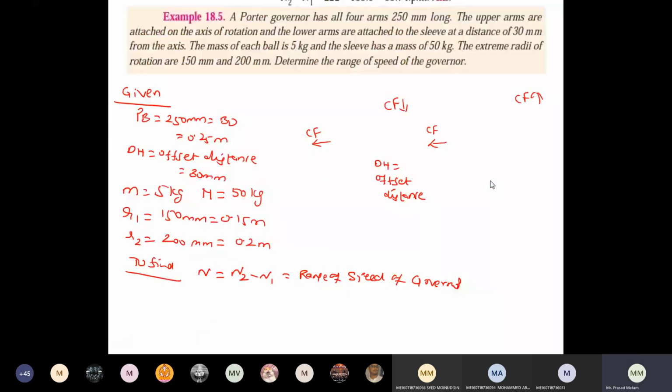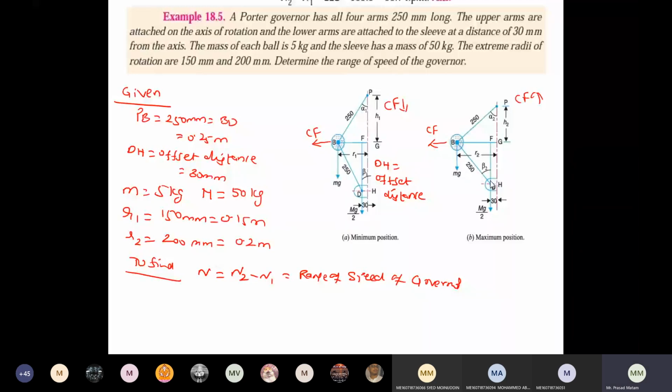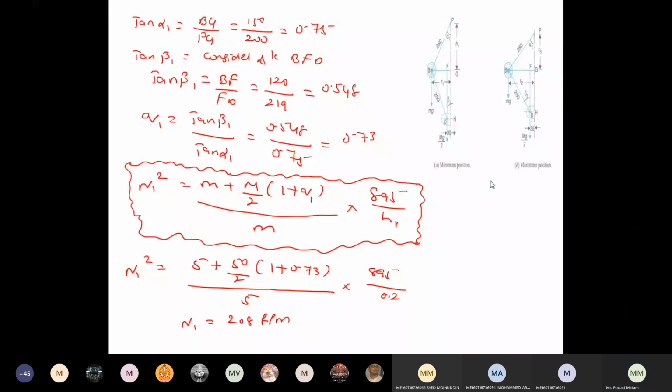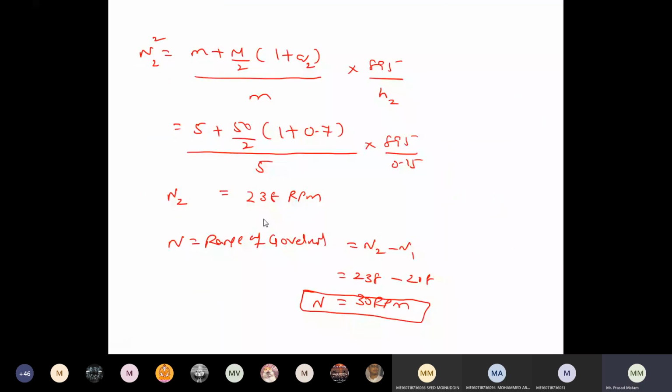But why? When friction force is considered, we have to consider the weight, not the mass: the weight of the central load and the weight of the ball. You see the units also. When friction force is not considered, I have taken the mass. When friction force is considered, you have to take the weight.